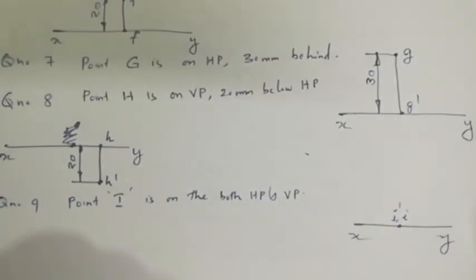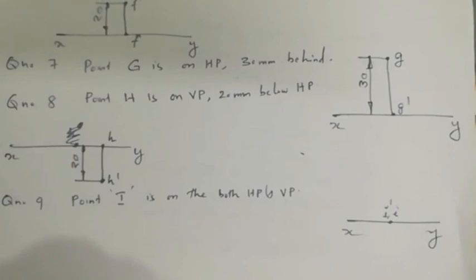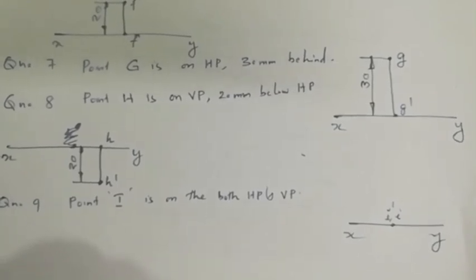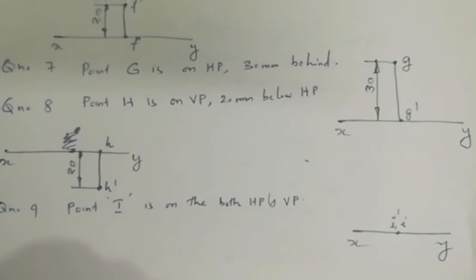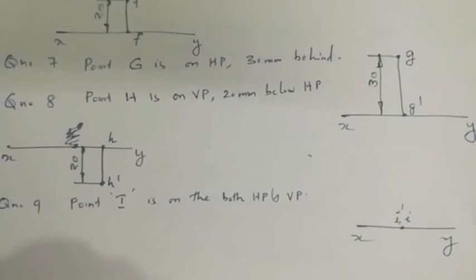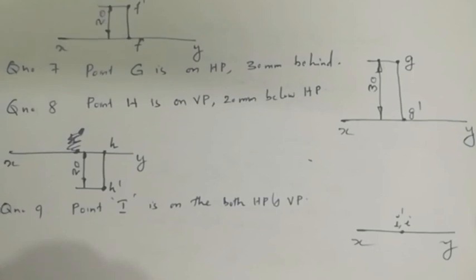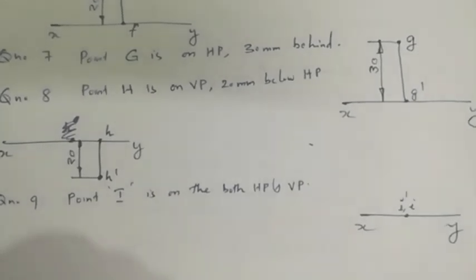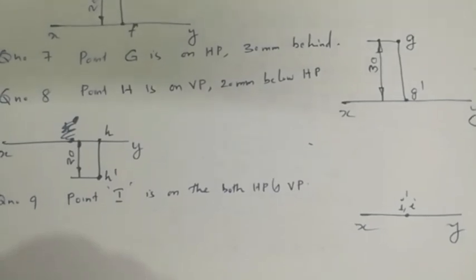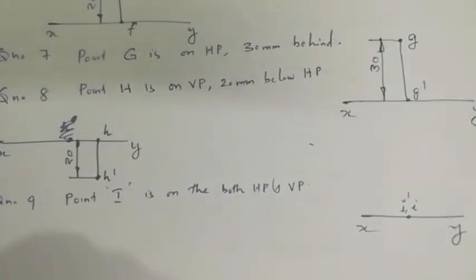These are the different ways a point can be situated, and indirectly also, problems can be asked. In all the previous problems, the distance of the point with respect to HP and VP was given. If that is known, we can directly draw the front view and top view.